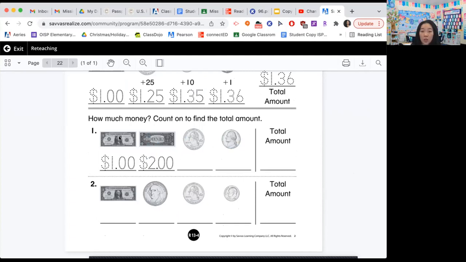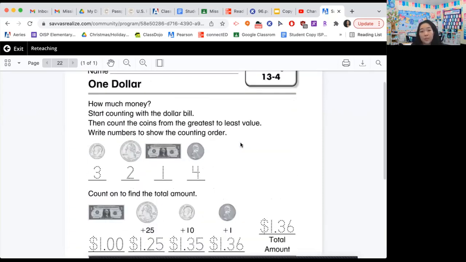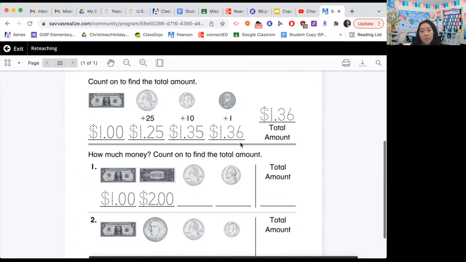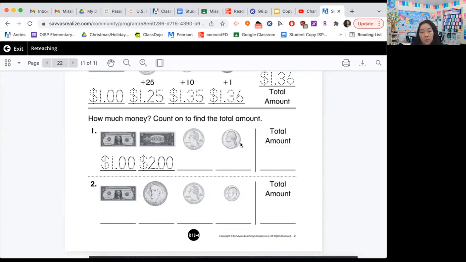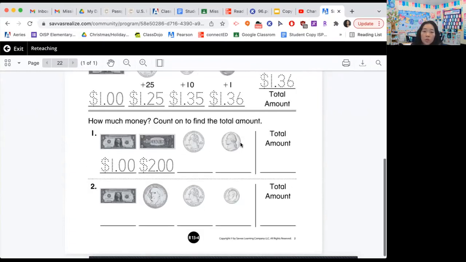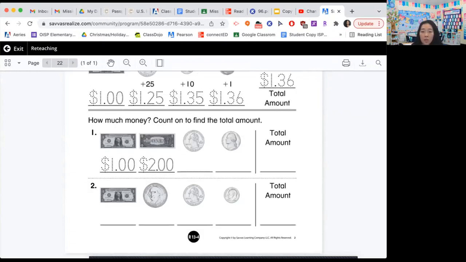Here we have $1, and then here we have $2. Next, we have our quarter, and then next we have our nickel. All right, so let's go ahead and count this out.